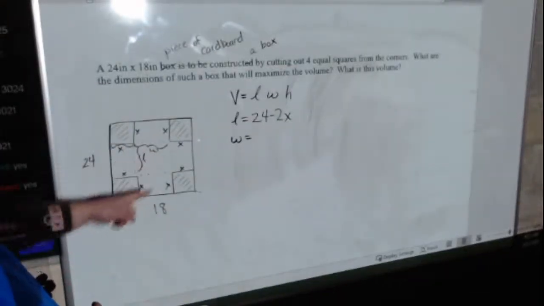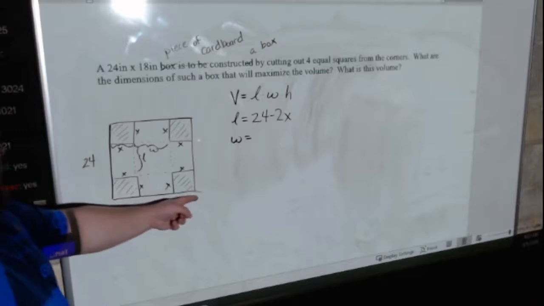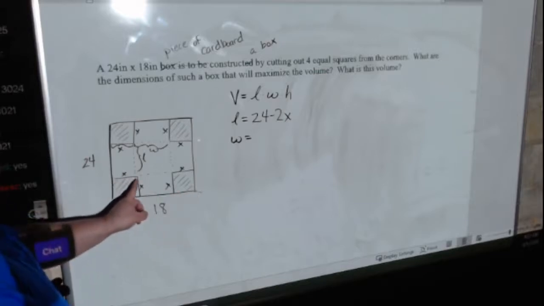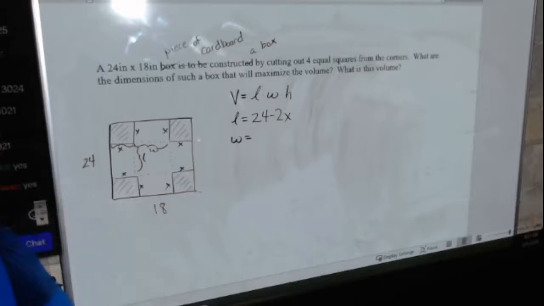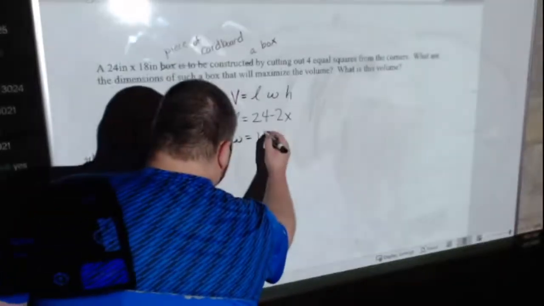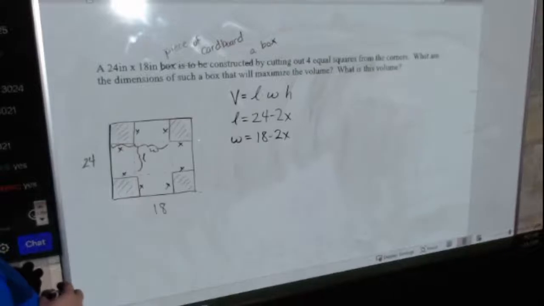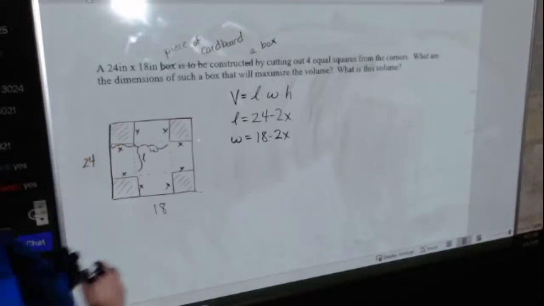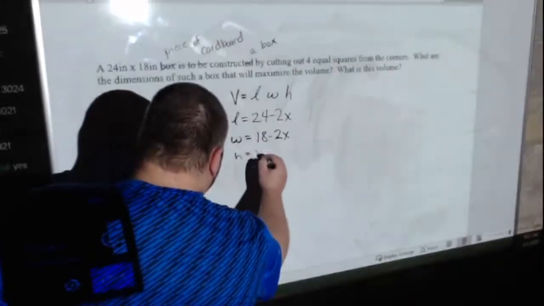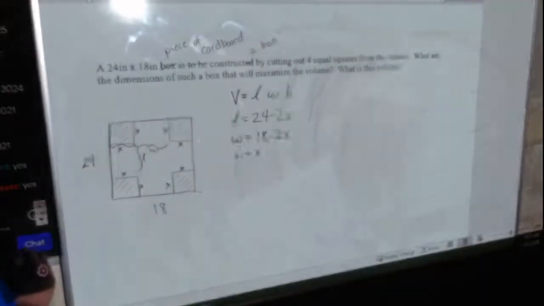The width is going to be 18 minus x minus x. And of course the height is x. Is everyone okay with all of those?